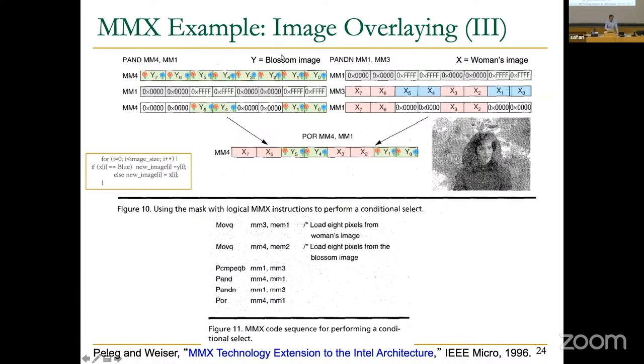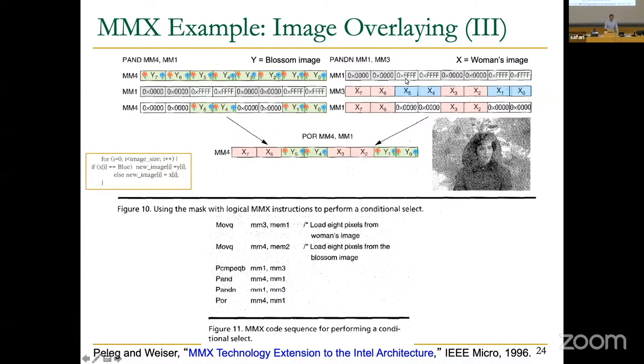Basically, you take the blossom image, 8 pixels at a time again, and then you AND it with the mask, and then you get a result. This is a partial image that contains the pixels that are blossom, as you can see. Everything else is zeros.